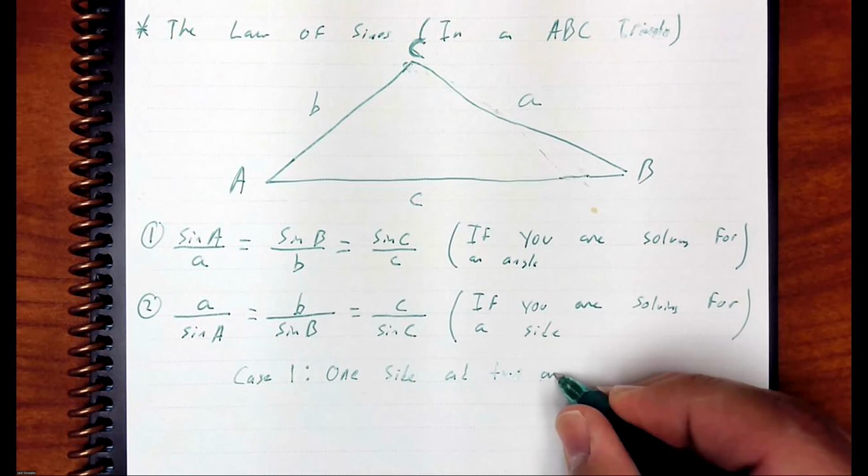Case two. You're given two sides and the angle opposite to one of those sides.